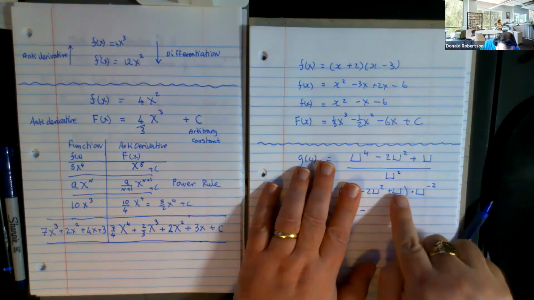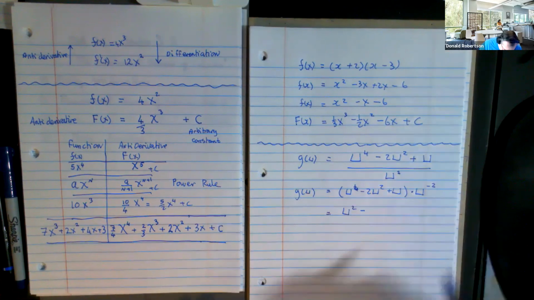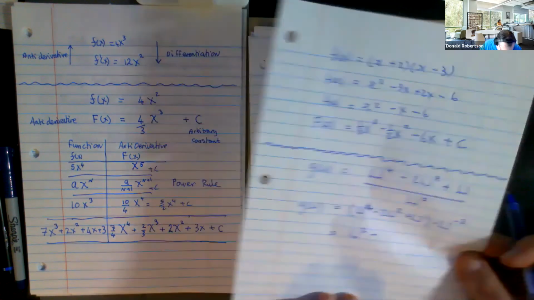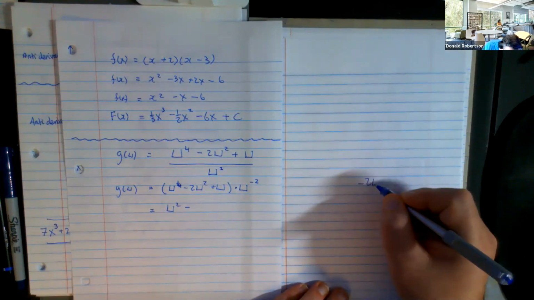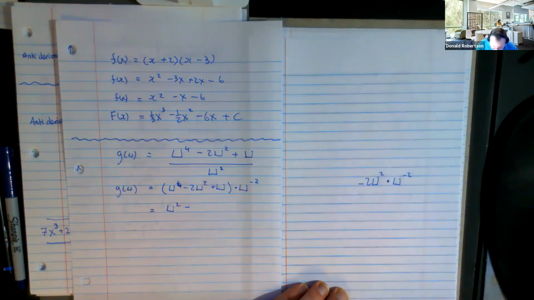That's a bit messy, but it's doable. What would negative 2u squared times u to the negative 2 get you? I'll write it down in case you're a visual learner. What would that guy times that guy end up being?